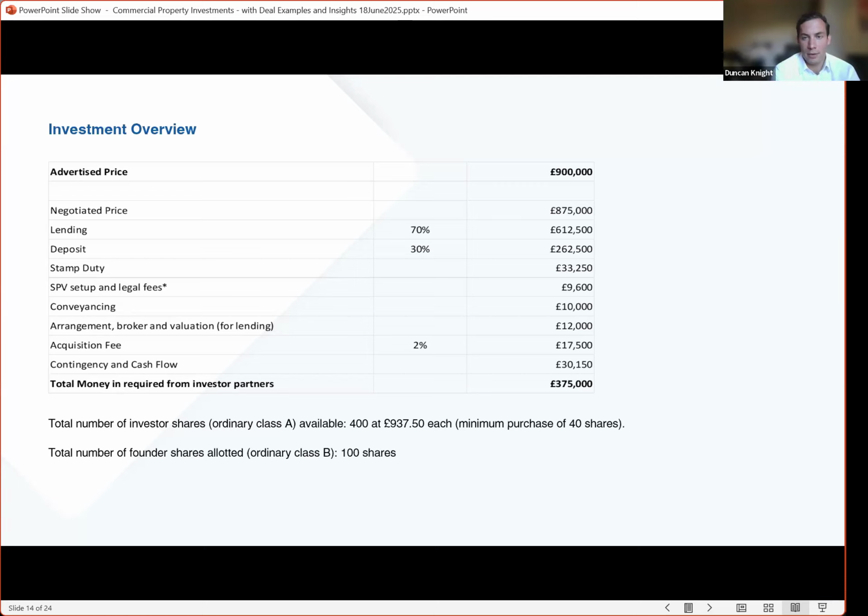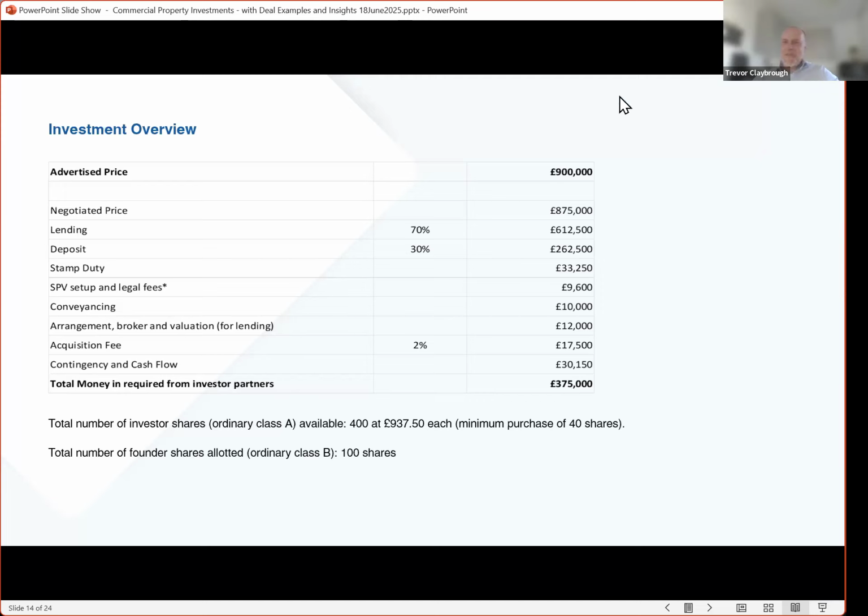Stamp duty for commercial is lower than residential, and you can see there that we put in some pretty accurate estimations on legal fees, conveyancing, arrangement and valuation fees based on what fees are being paid in the market at the moment. And then Trevor, I suppose we can hand over to our acquisition fee here. Yes, that's right. The acquisition fee is basically our fee for finding and negotiating the deal.